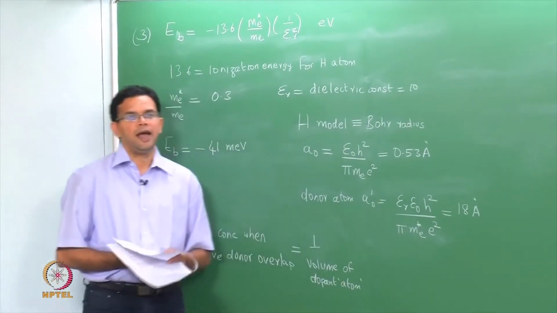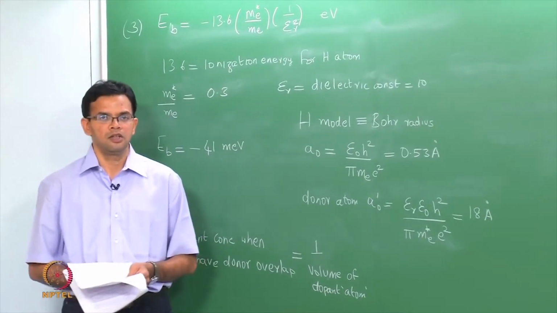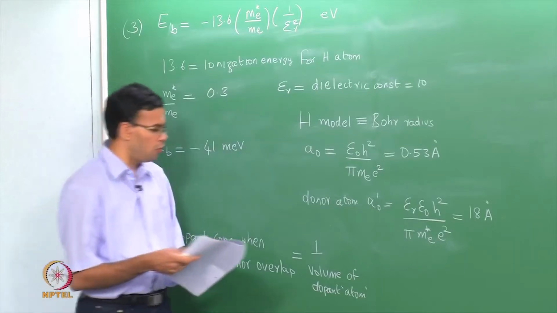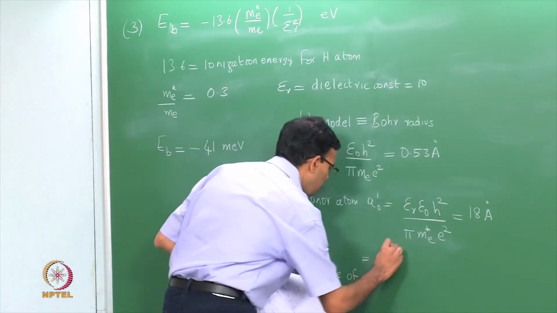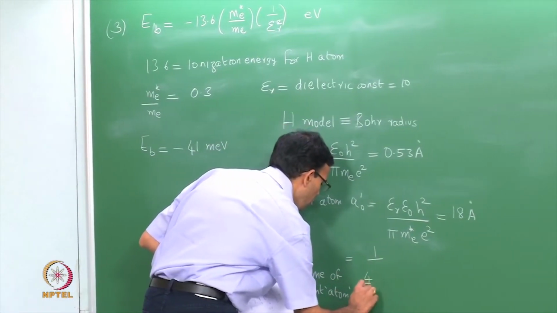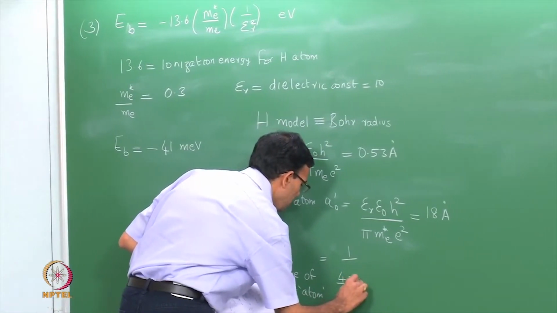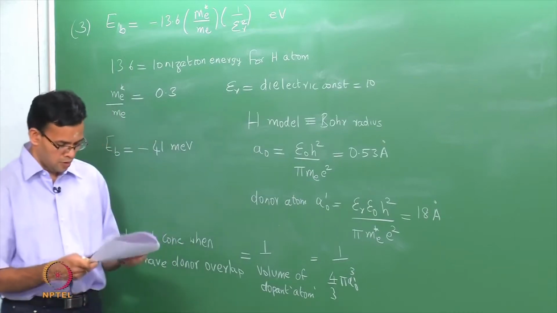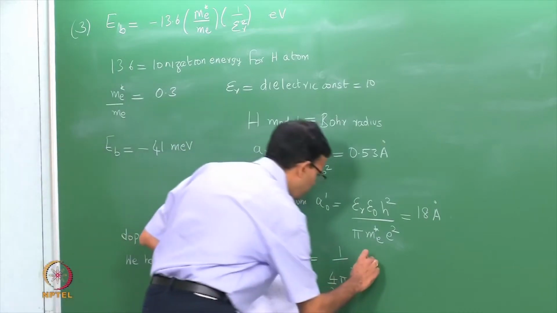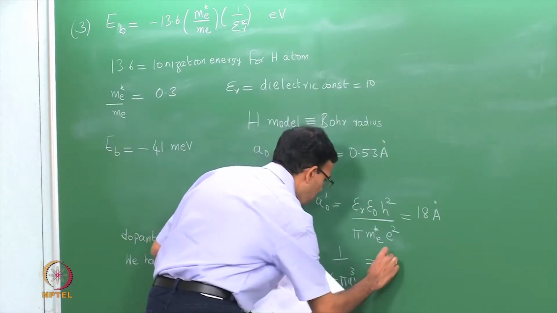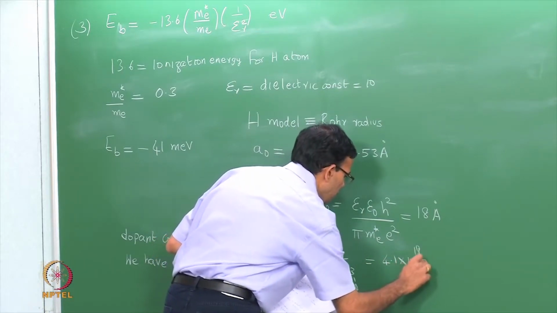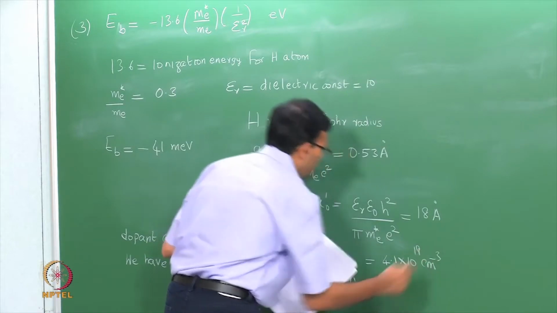I put the word atom within parentheses to talk about the sphere of influence of your donor. So, this is nothing but 1 over 4 by 3 pi a0 prime cubed. This value works out to be 4.1 times 10 to the 19 per centimeter cubed.